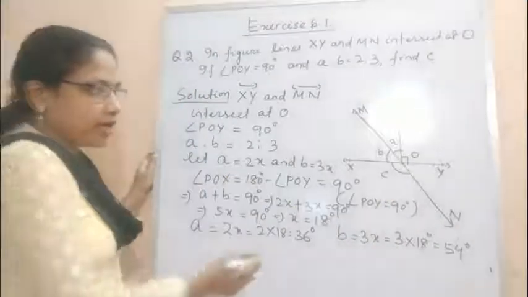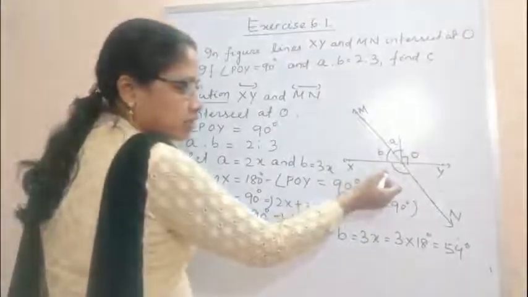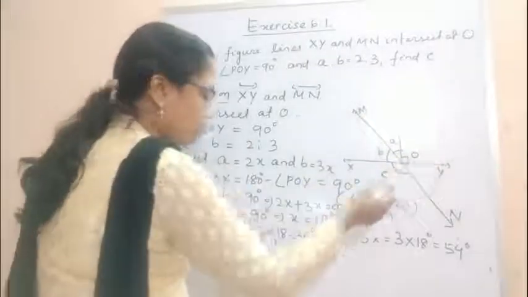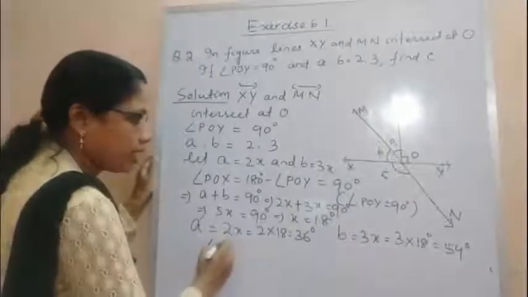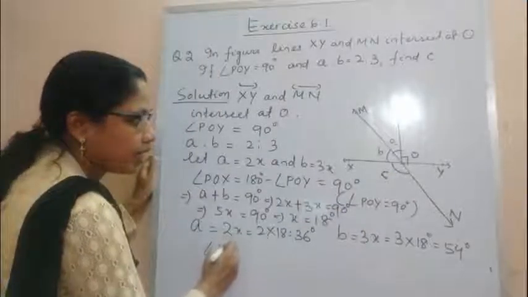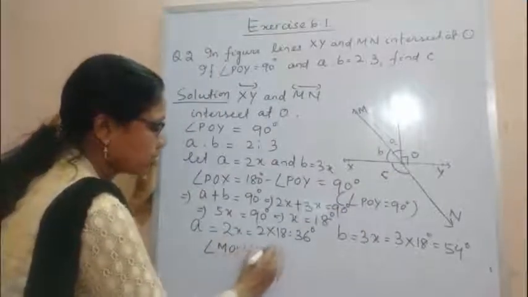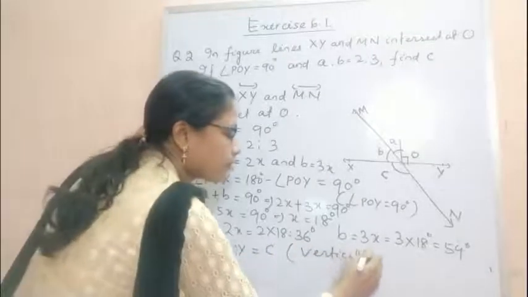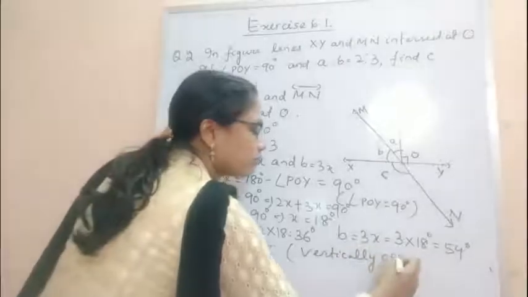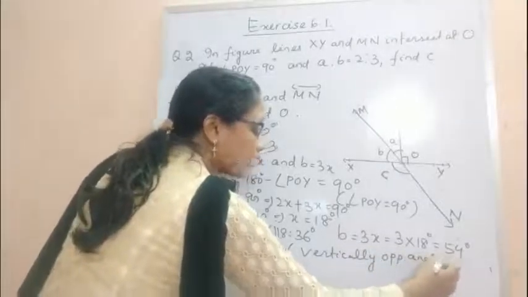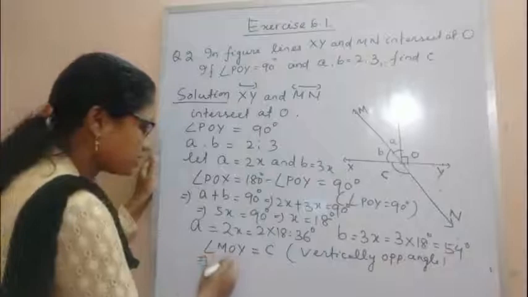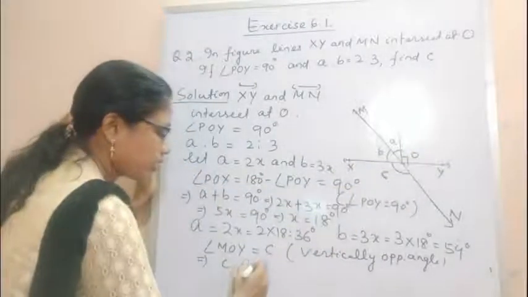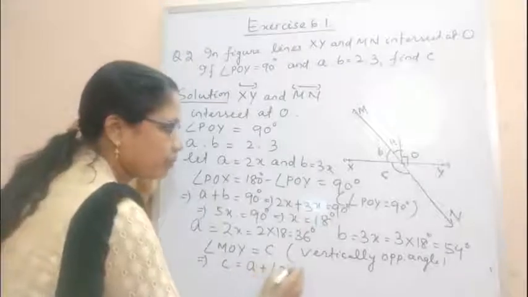As it is given that XY and MN are two lines intersecting at O, there are two vertically opposite angles. Angle C is vertically opposite to angle MOY, so angle MOY is equal to angle C. This implies C is equal to angle MOY, which is A plus angle POY.